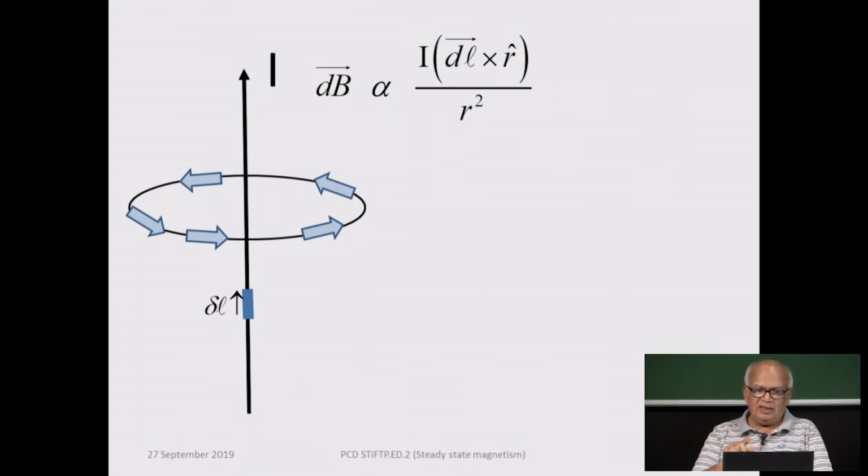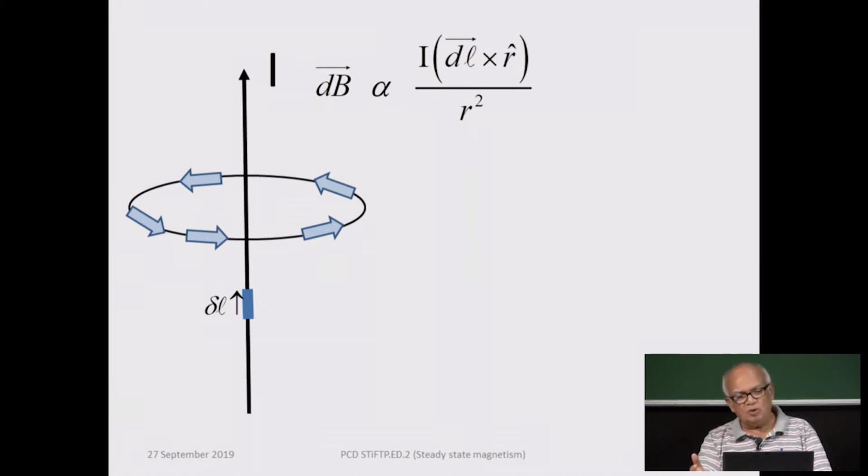for each tiny element. So, if you consider the current in a tiny element over here, delta L, here is a tiny element of the current, and it generates a magnetic field at a field point, all right. So, this is the source point, that is the field point. So, this must diminish as 1 over r square, because its integral will give you 1 over r. So, that relationship is known from mathematics.